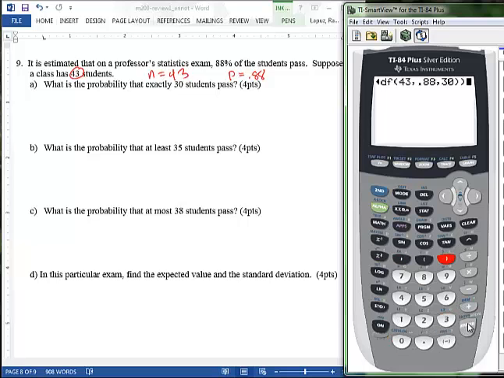So when we have that, let's take away one of the parentheses, and then we get a really small probability. So that small probability is actually 0.0008.